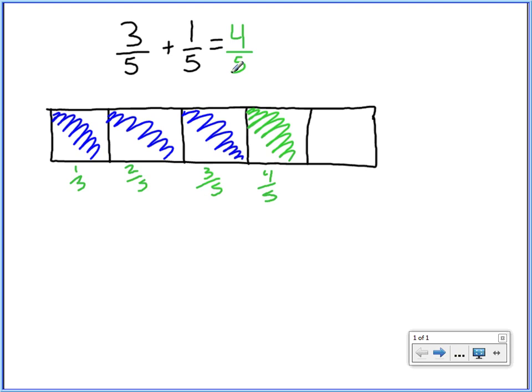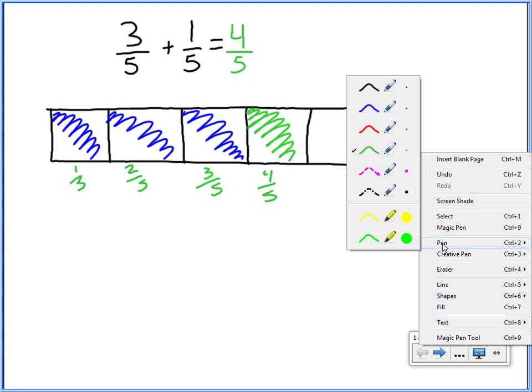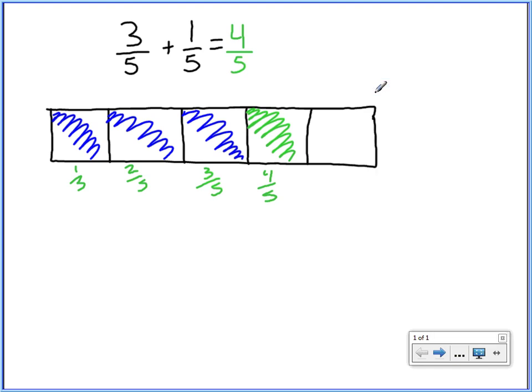So let's look at another one. Let's look at something like this. 2/8 plus 4/8. I'm going to draw this one out too.